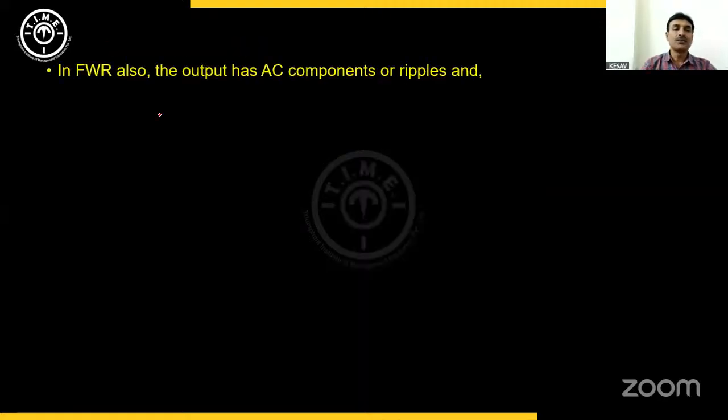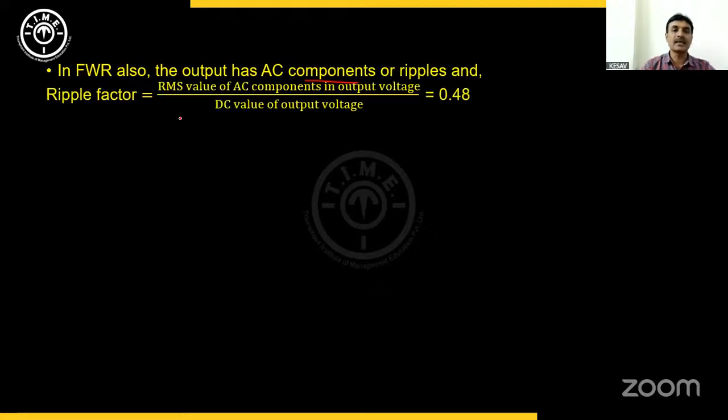Okay. Next. In full wave rectifier also there is some AC component present or ripples are present, and that ripple factor is given by RMS value of AC components in output voltage divided by DC value of the output. RMS value of AC by DC value of the output.